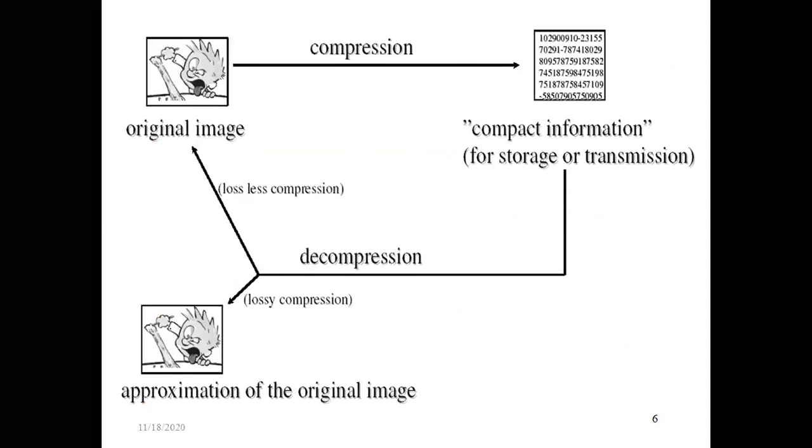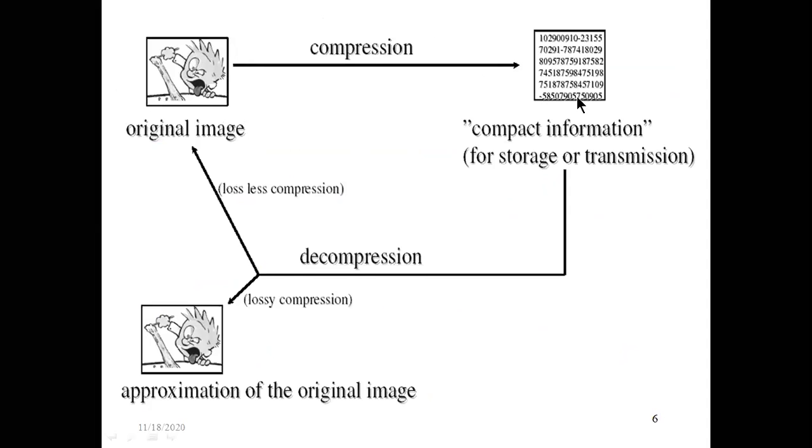So this is the pictorial representation of image compression. The first one is the original image. By applying some method, we have compressed that image, so we have a compressed image.